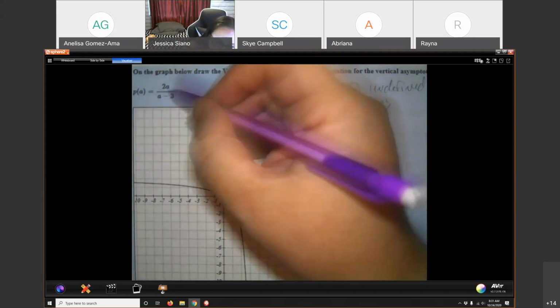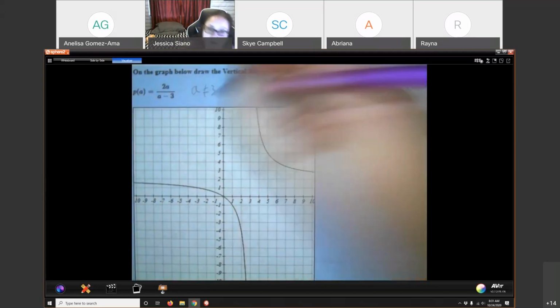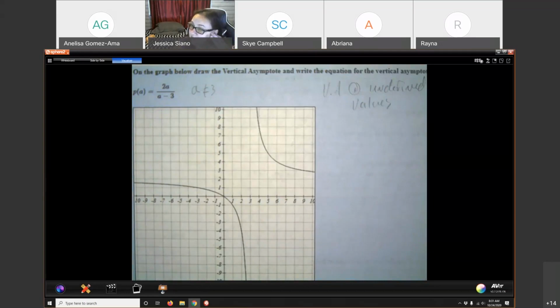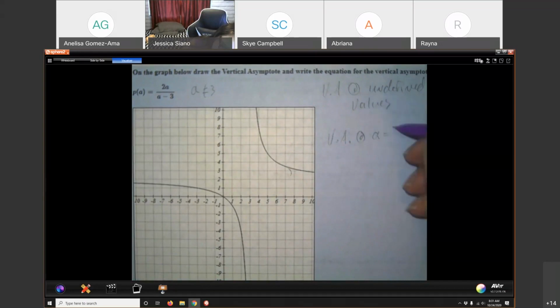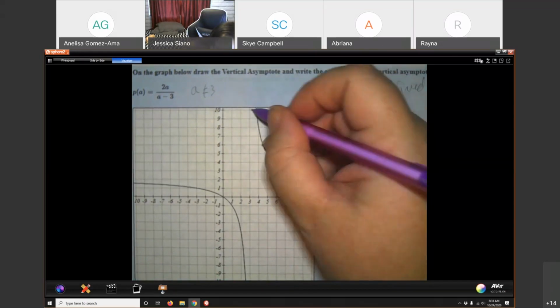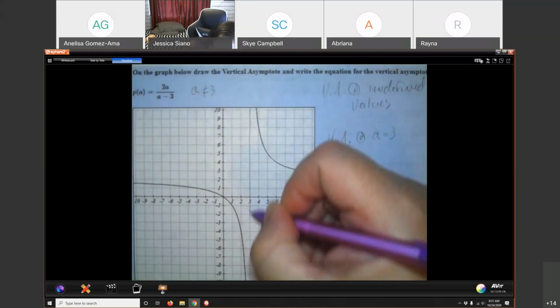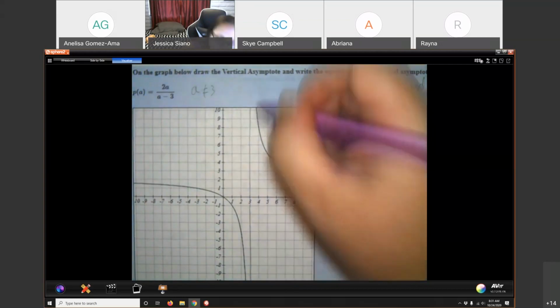So here we know that a can't be 3, right? Because 3 minus 3 is 0. So that means we have a vertical asymptote at a equals 3. And it's right there in the name, vertical asymptote. So it's a vertical line.